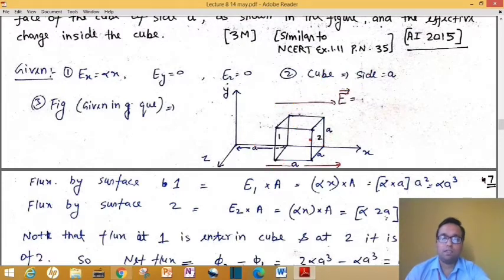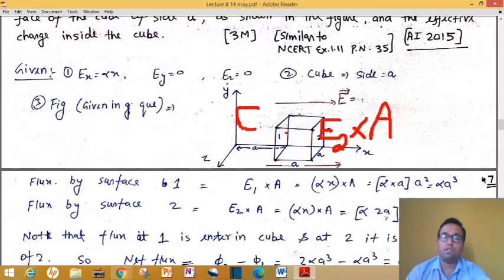So we have to measure that amount of radiation. So see how we will measure. First I will calculate the electric flux coming out of face 2, then I will measure the electric field entering through face 1. Through 2 it will come out of this cube, and for that we have to put the electric field value at point number 2, or at this surface, and multiply it by what? By the face area A. And the same thing we have to do at face number 1.